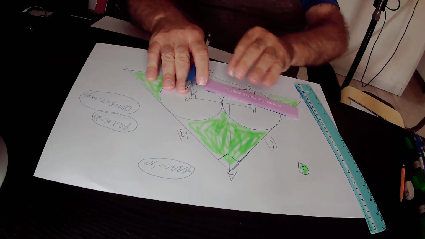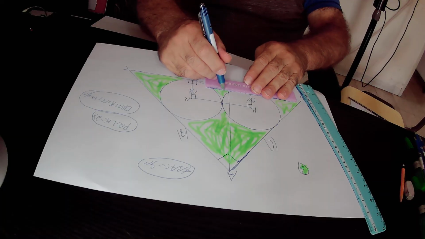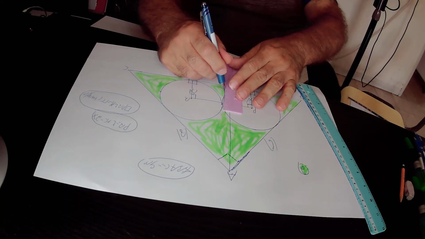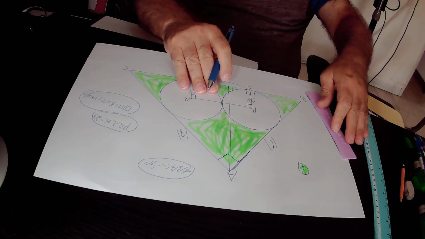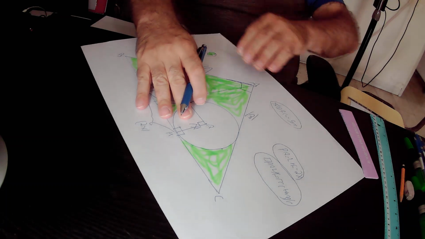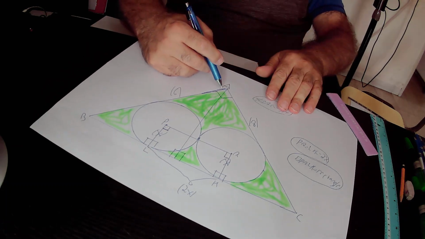So actually, this angle equals 90 degrees, and this angle also equals 90 degrees according to our construction. We define the touching point of the perpendicular from point A on BC.